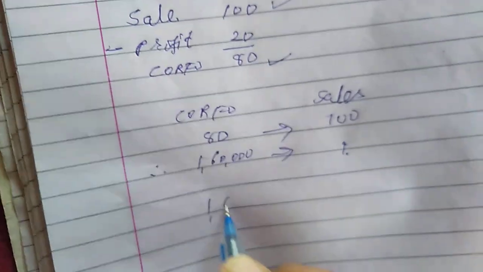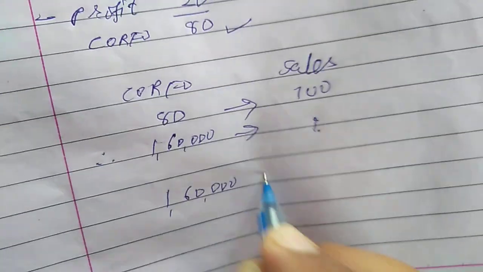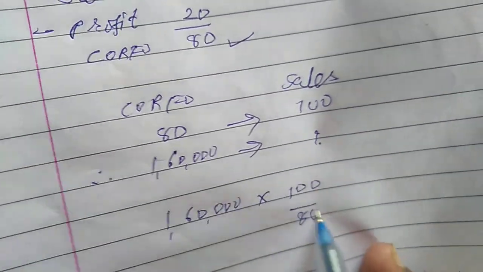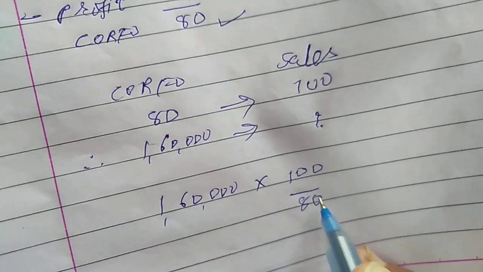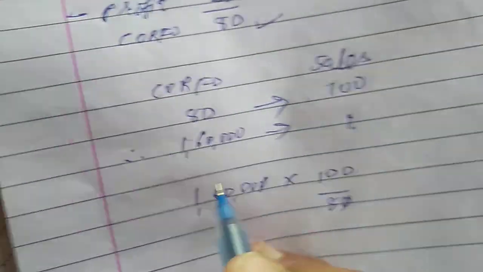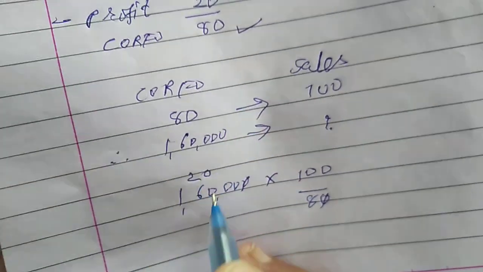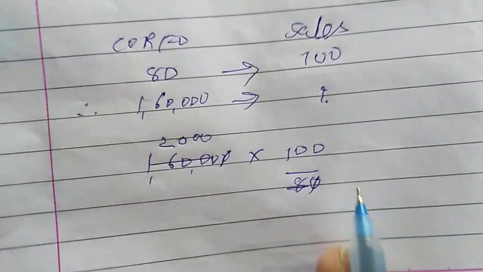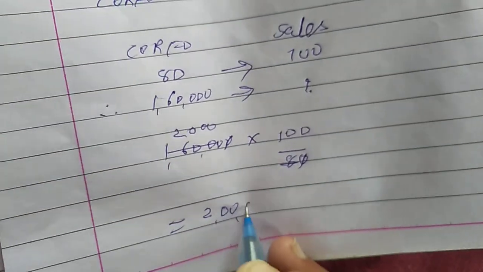So 1,60,000 cross multiplication into 100 upon 80. Zeros cancel, 8 into 20 is 160, so 2000 into 100 is equal to 2 lakh.